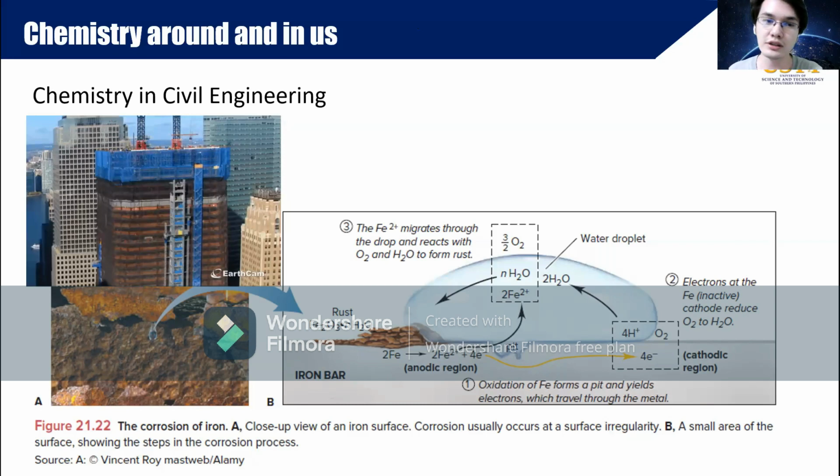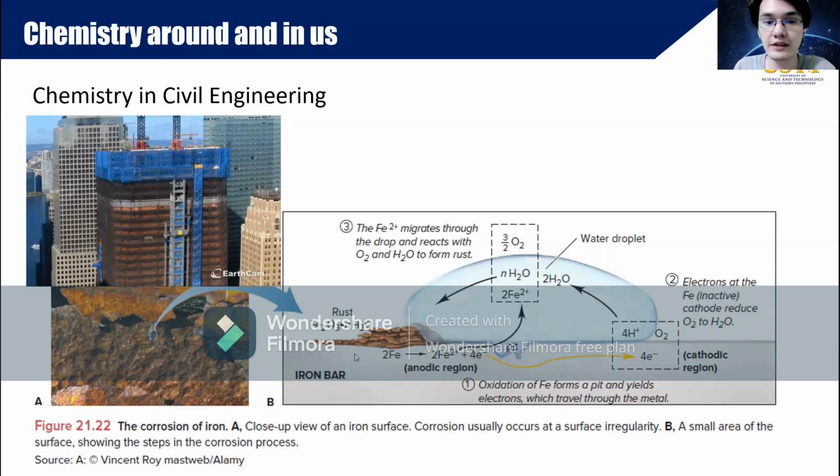For example, in our buildings, we essentially take advantage of the properties of materials in order to build the things we want. And an example of an important consideration when we are building is corrosion.